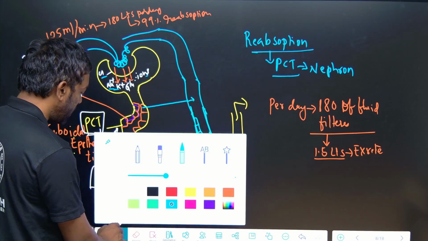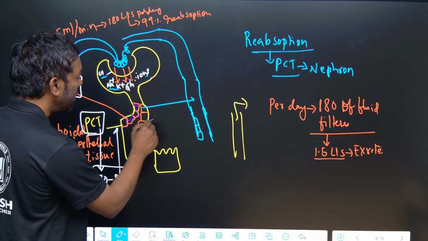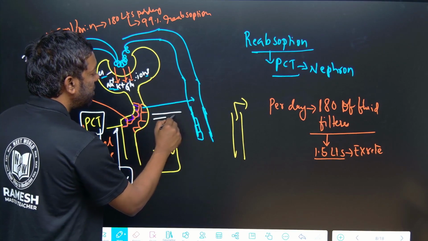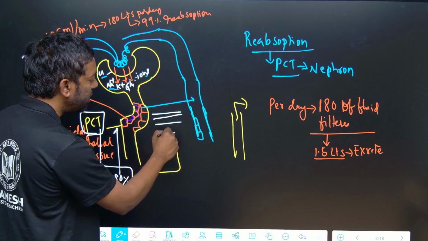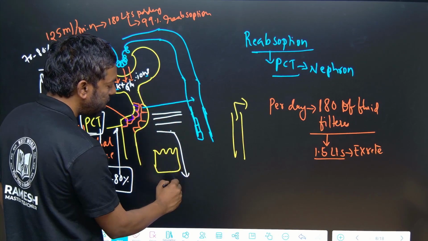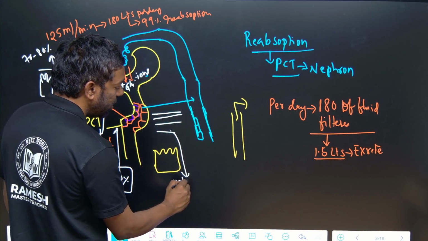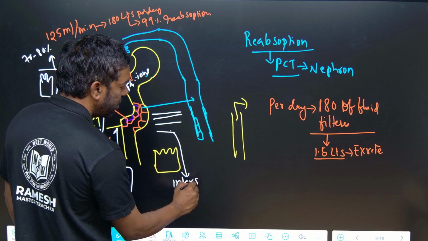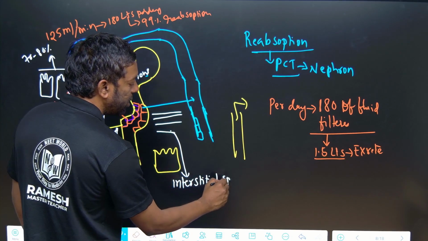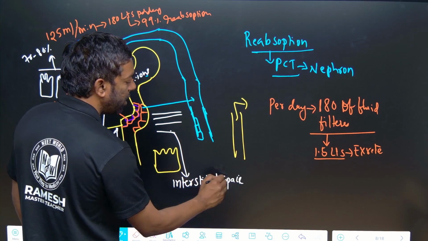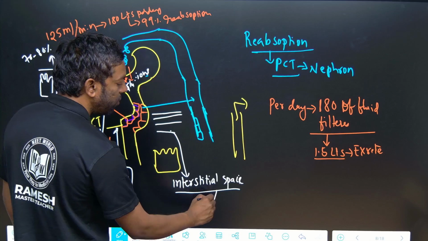But you have to think, there is a space between these two regions, which we can call the interstitial space, and the fluid here is interstitial fluid.